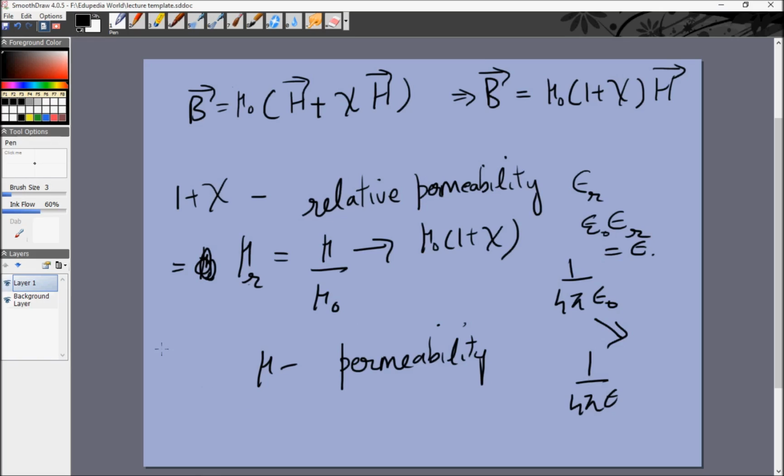Similarly, mu naught by 4 pi is for vacuum. When you have another material, you multiply mu naught by mu r or 1 plus chi, and mu naught mu r can sometimes be written as mu. So instead of mu naught by 4 pi, you have mu by 4 pi in a material. Mu naught and epsilon naught are of vacuum. Epsilon naught is the permittivity of vacuum. Mu naught is the permeability of vacuum.